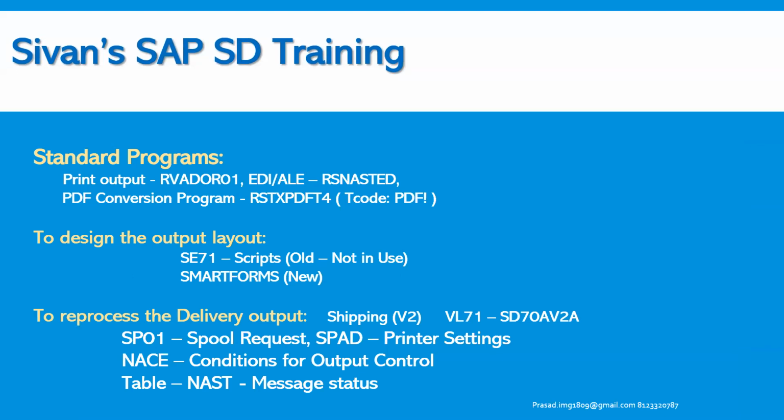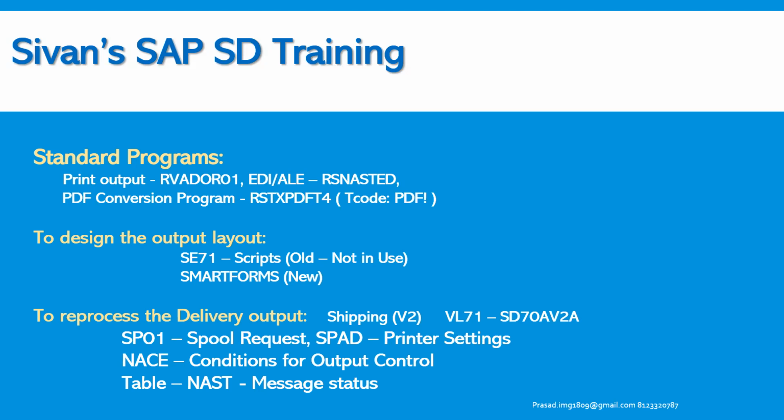The standard programs for print output, it is RVADOR01, and for EDI, ALE, IDocs, it is RSNASTED, and then the PDF conversion program. This is very, very important. RSTXPDFT4, and directly you can type the transaction code PDF! so that that particular output will be converted as a PDF, and then that PDF can be shared to the business users as and when it is required.